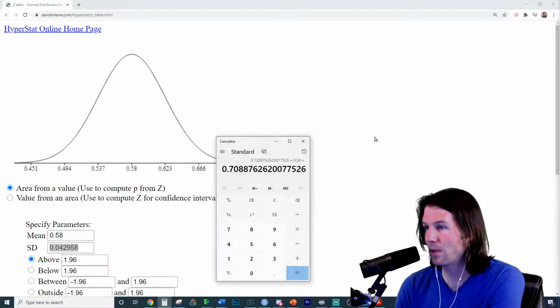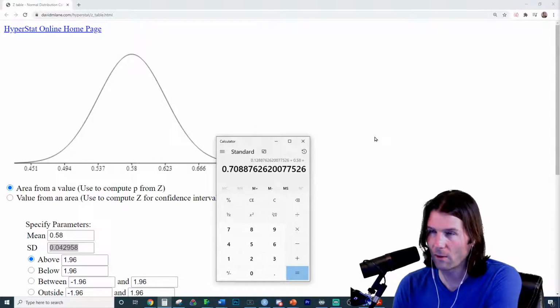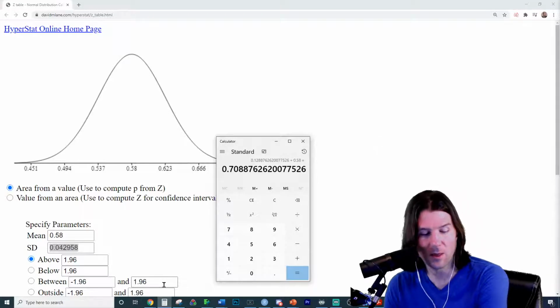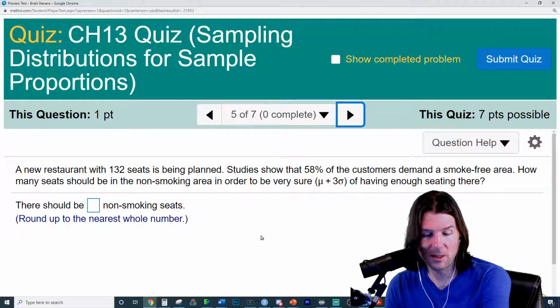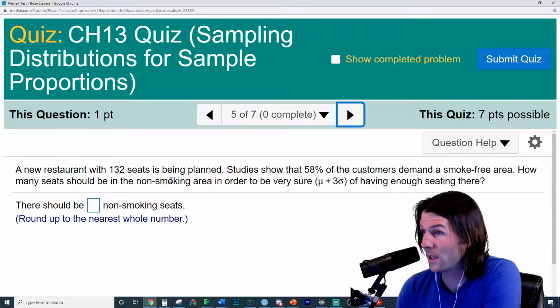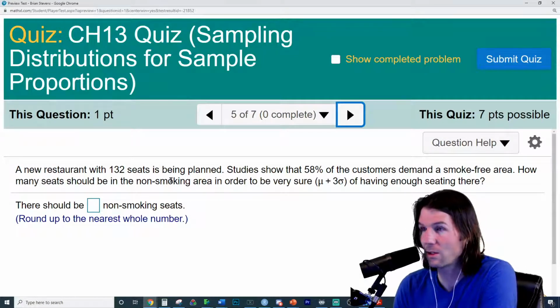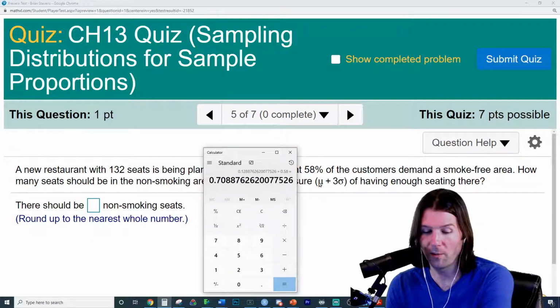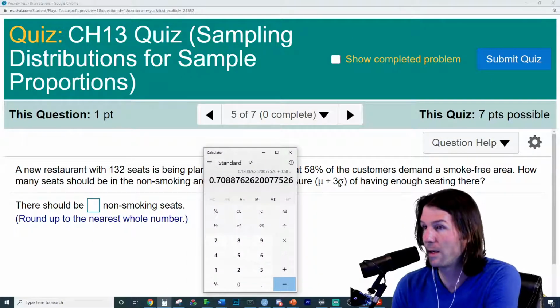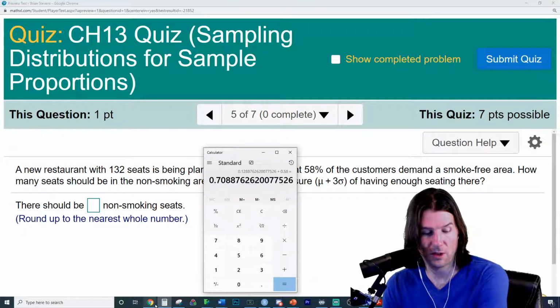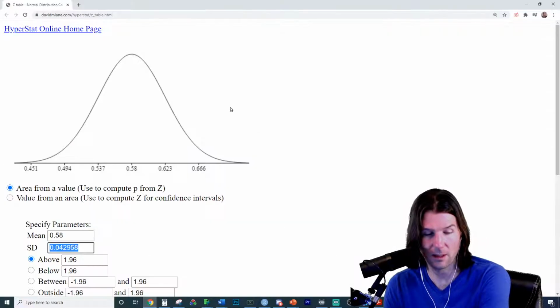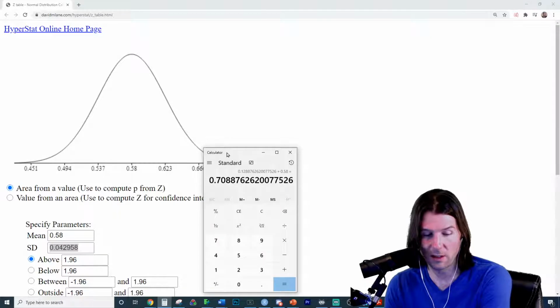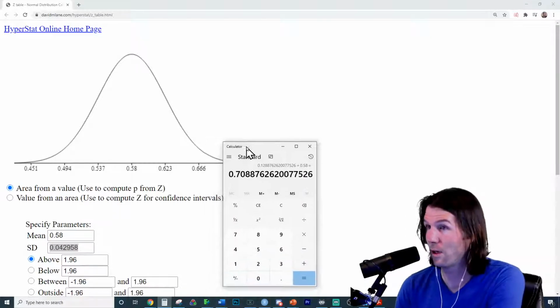It's not how many seats we need that are smoking or non-smoking. This is the number we found right here, which was 3 standard deviations above the mean. We just went to the mean, 0.58, went 3 standard deviations up. This number is the what of how many seats we need.